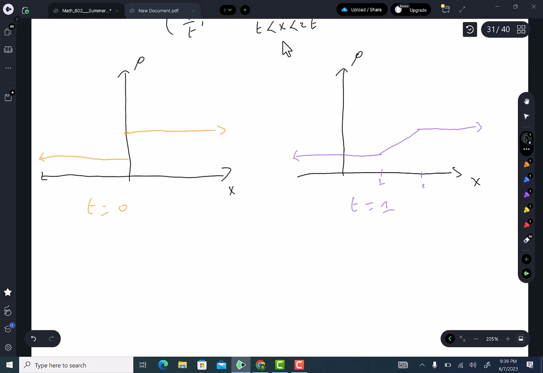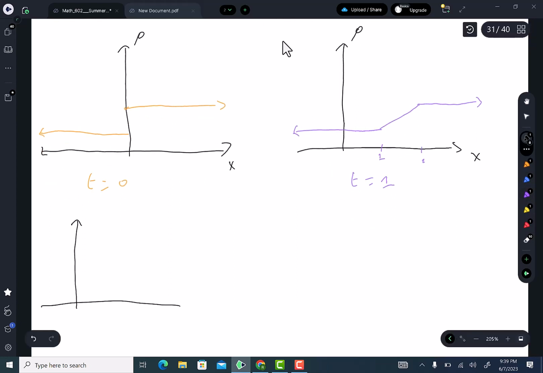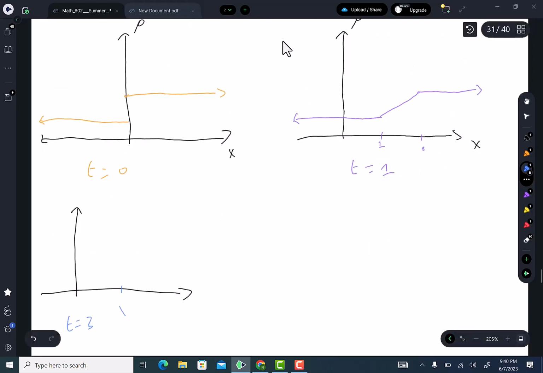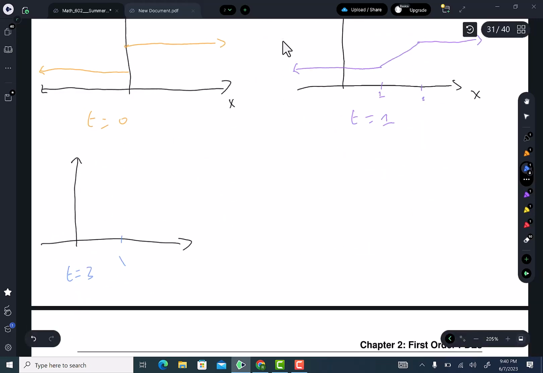Okay, let me draw a couple more. Let's look to see what happens, let's say, when t is equal to 3. Okay, so when t is equal to 3, let's say this is x equal to 3.